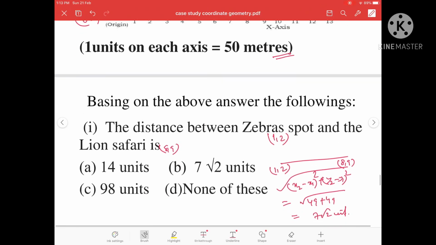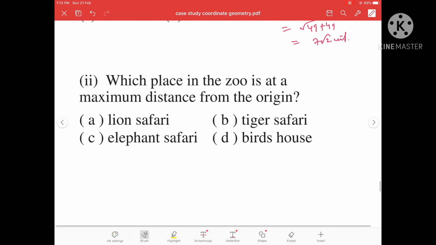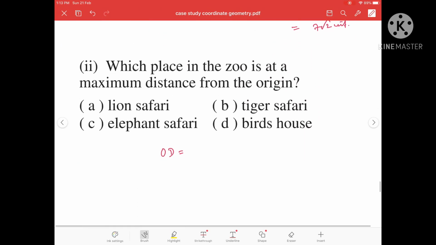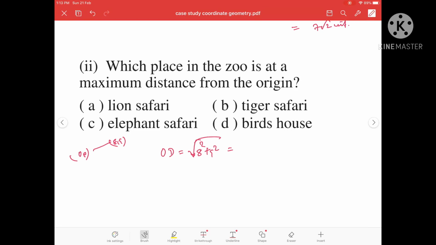We will know which place is at a maximum distance from origin. OD, D means it is 8, 9. So 0, 0 to 8, 9. So it will be square root of 8 square plus 9 square, using the distance formula, which will be square root of 64 plus 81, means square root of 145.